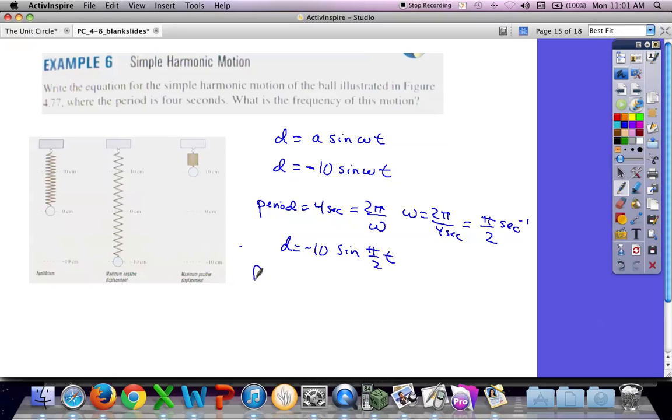Frequency equals 1 over the period, which equals 1 over 4 seconds, or 0.25 seconds to the minus 1. You get 0.25 cycles per second. That's the frequency.